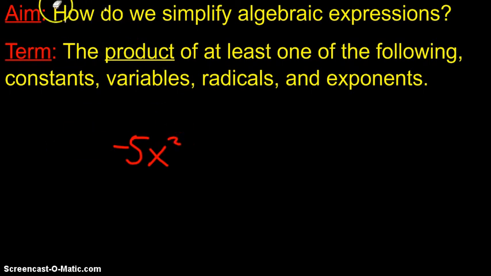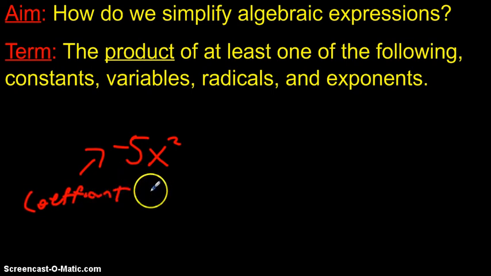Alright. This term would be called, the number here would be called the coefficient. It's another word for the multiple of the term. This is the variable, and this obviously would be the exponent.